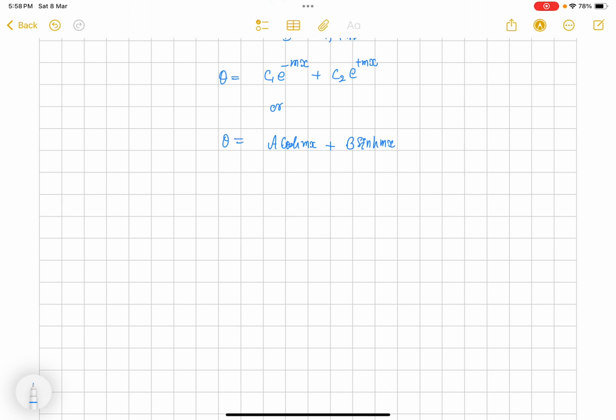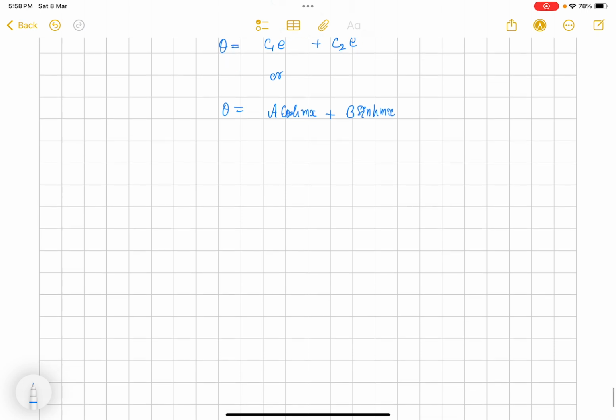Let's see the first case, where the fin is of infinite length. But before that we have to see this m square parameter. What is this m?